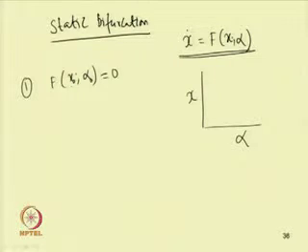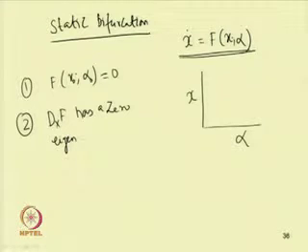The second condition is that dxf, which is the Jacobian matrix, should have a 0 eigenvalue.